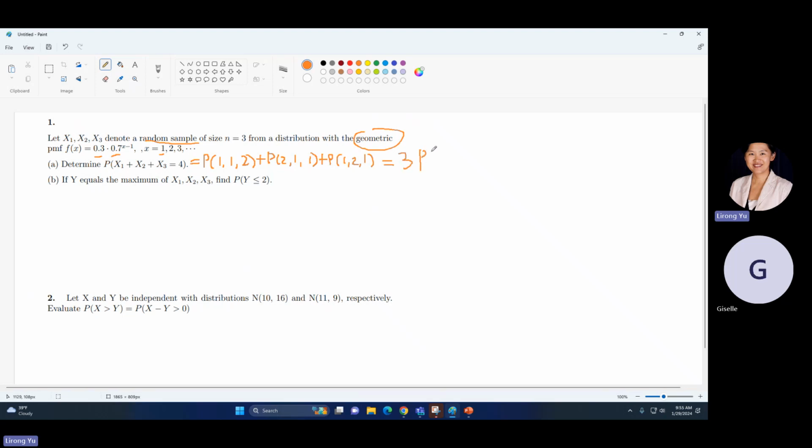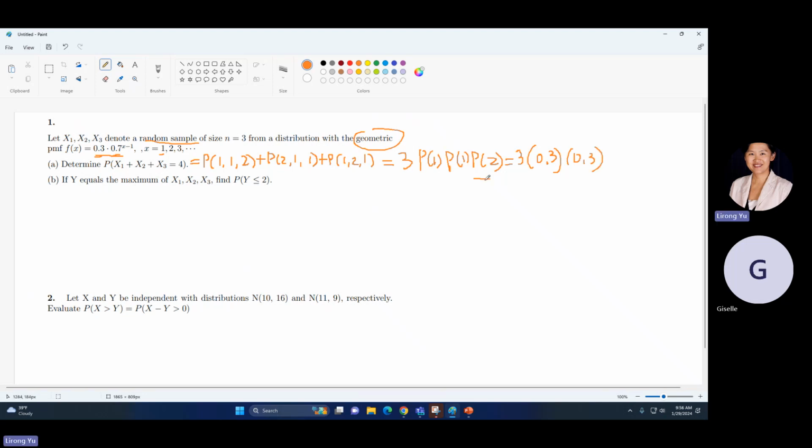So you calculate probability of 1 times probability of 1 times probability of 2 from the geometric distribution. The probability of 1 would be 0.3, because if x equals 1, then 1 minus 1 is 0, and 0.7 to the power 0 equals 1. So this is going to be 0.3.